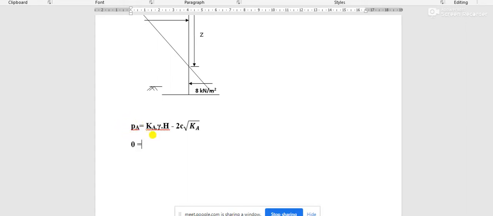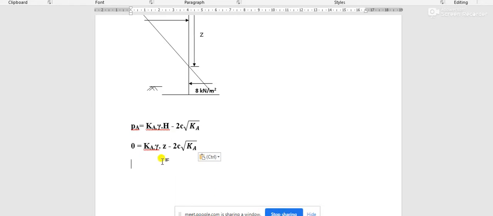That means for this equation PA equals to 0, Ka gamma will be there, and H will be Z minus 2C root over of Ka.